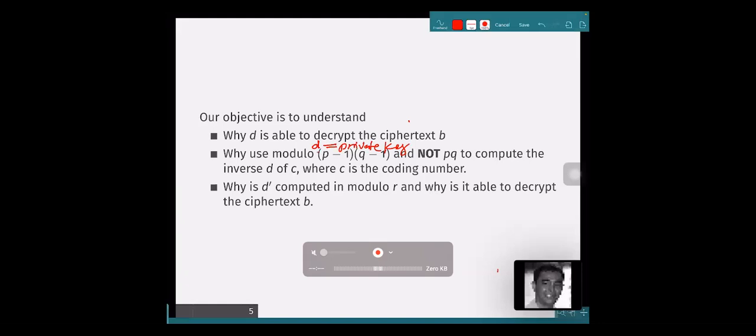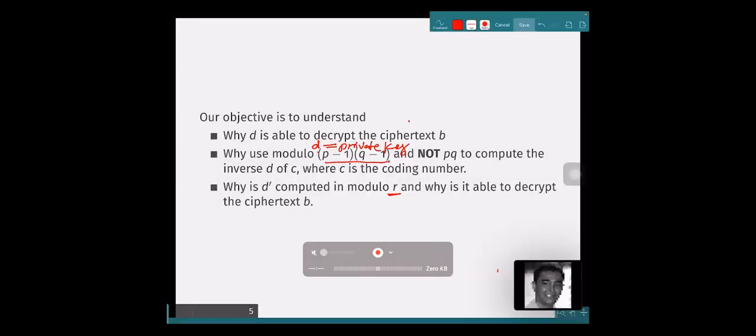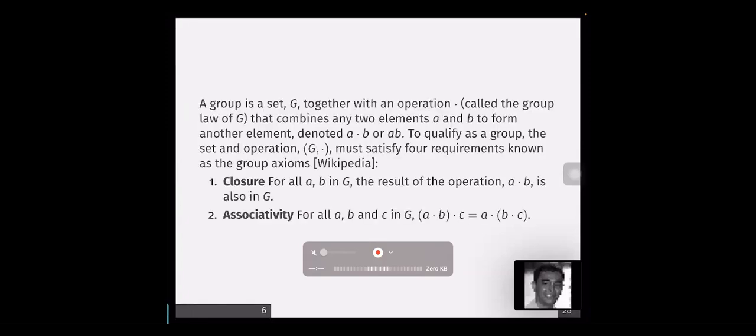D is the inverse of C modulo this one, but this one is the inverse of C modulo R. So the question is why is it like that, and why is it able to decrypt the ciphertext B? Okay, so let's continue.